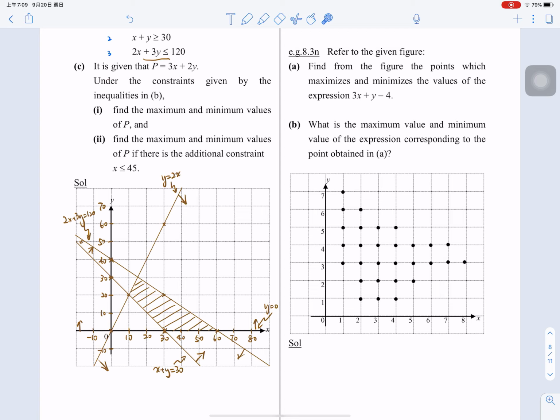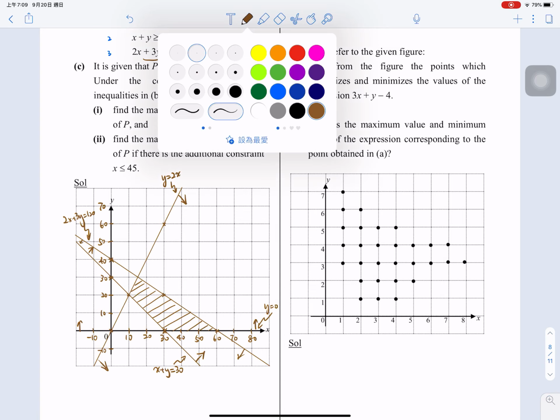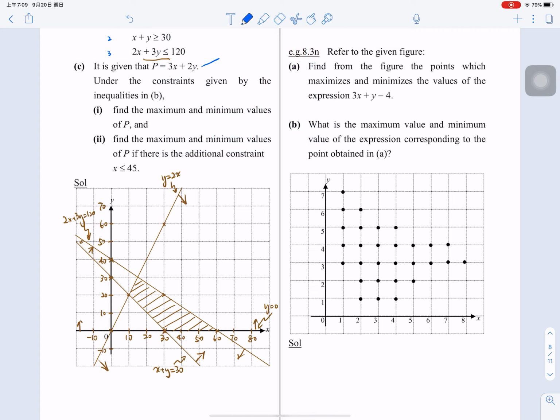Now it is given that P equals 3x plus 2y. Remember, what's this? Yeah, objective function. Great, objective function.